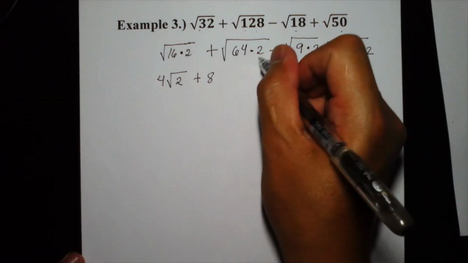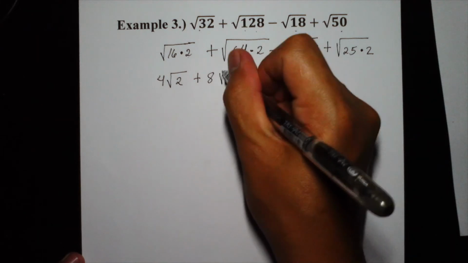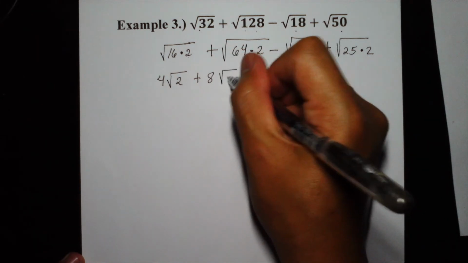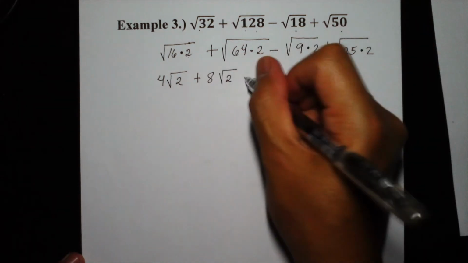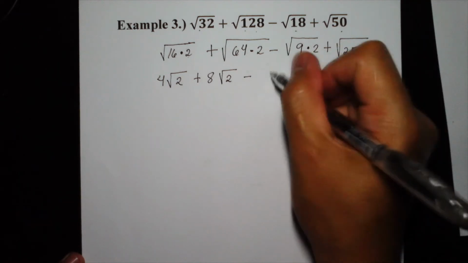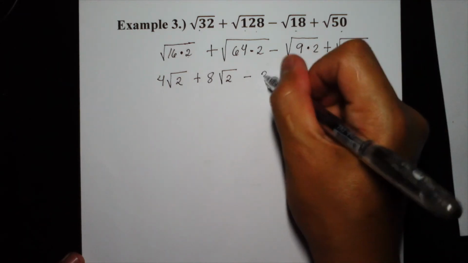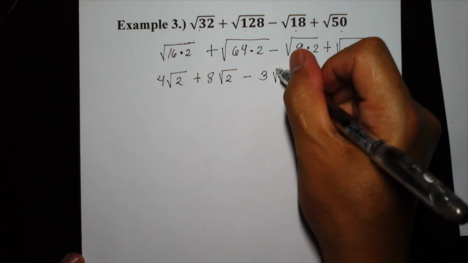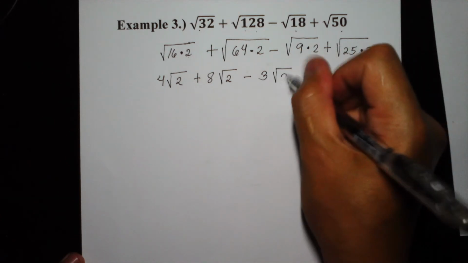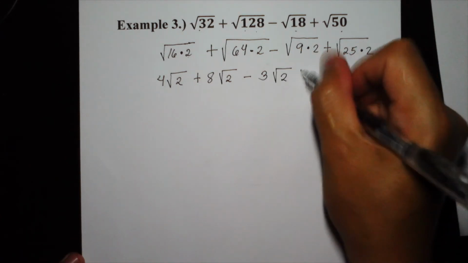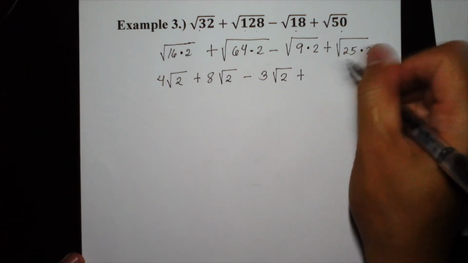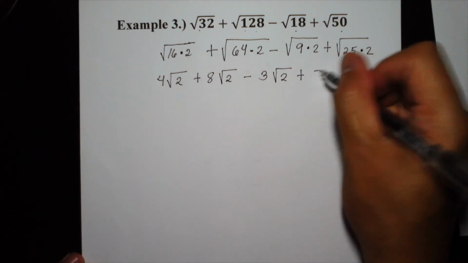Since 2 is not a perfect square, it remains inside of the radical sign, minus square root of 9, that will be 3. Since 2 is not a perfect square, it still remains inside, plus square root of 25 is 5.